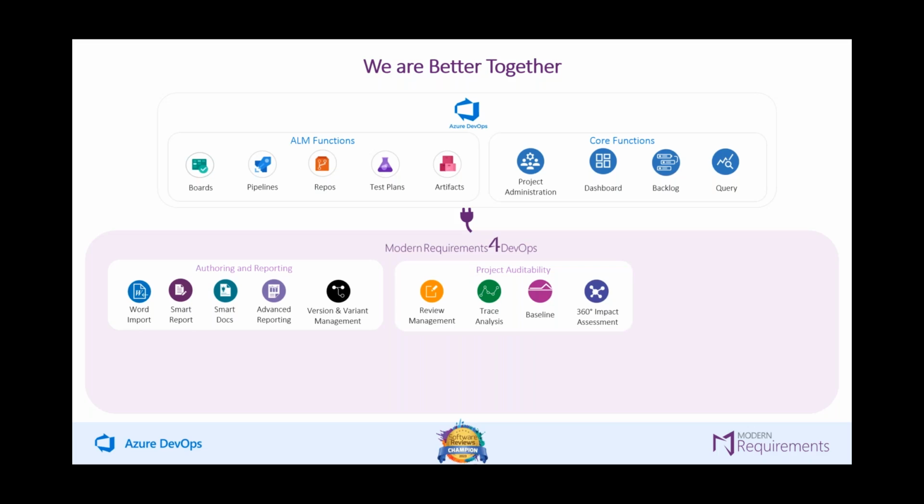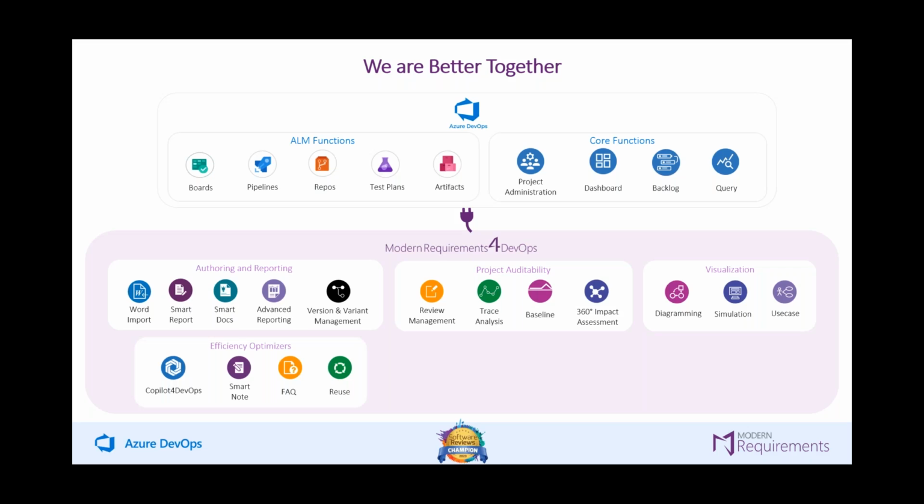Project auditability. A requirements management solution must have review management, trace analysis, baseline, and 360 impact assessment. With these abilities, we improve our offering. Visualizations in terms of diagramming, simulation, and use case. And most importantly, efficiency optimizers. Today, we'll be focusing on Copilot4DevOps, and we'll be seeing that as a detailed demonstration that Asif will be showing you.